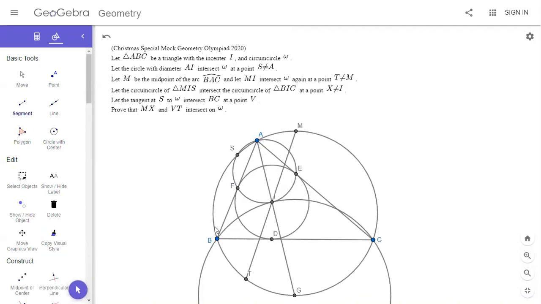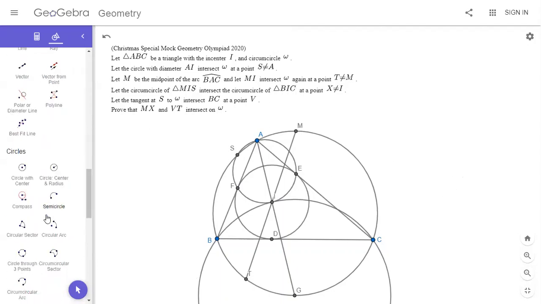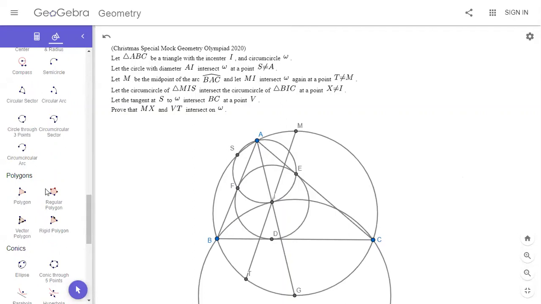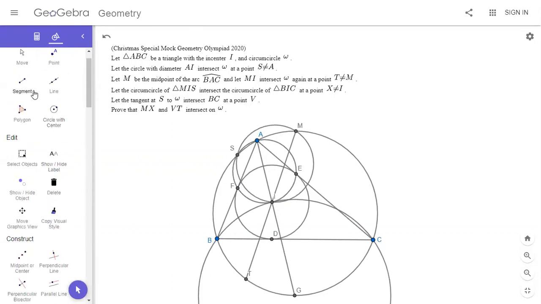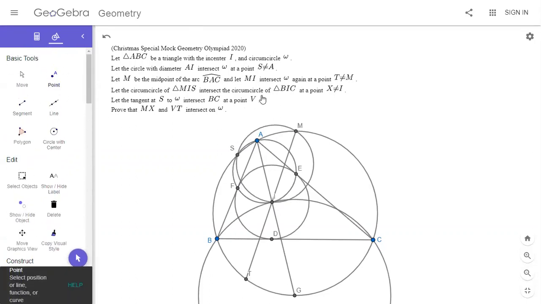It's the circumcenter of triangle BIC, right? So from there, it's not hard to see that these two circles have to be tangent, right? So then we draw the circumcircle of MIS, and it intersects the circumcircle of BIC at the point X.